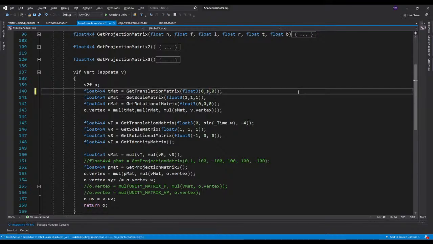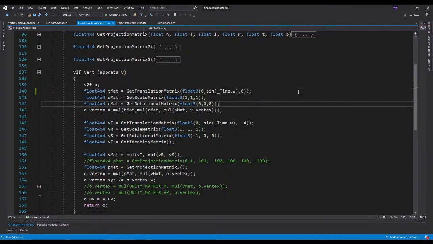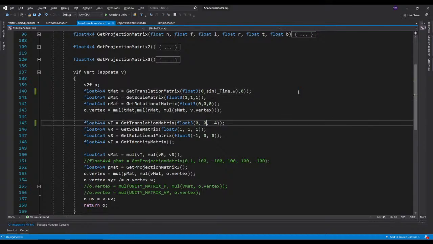So in the y-axis, I'm going to say, now the time variable is the one that you guys already know, that the time variable is basically given by Unity. Okay, and if we do a sine time, we are going to get an animation.